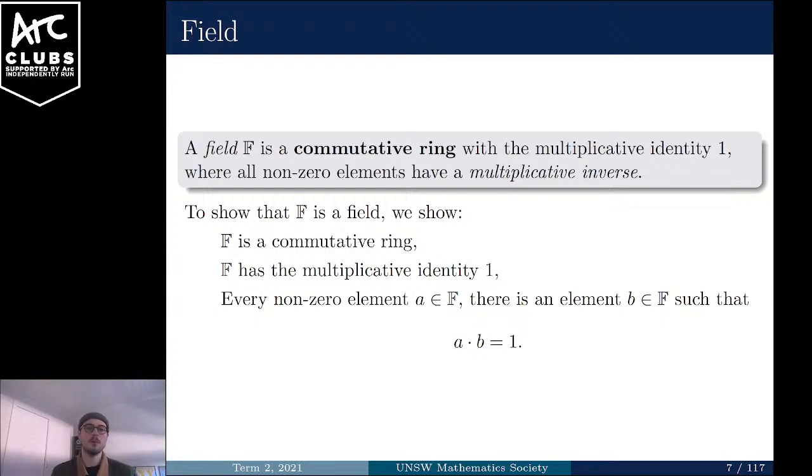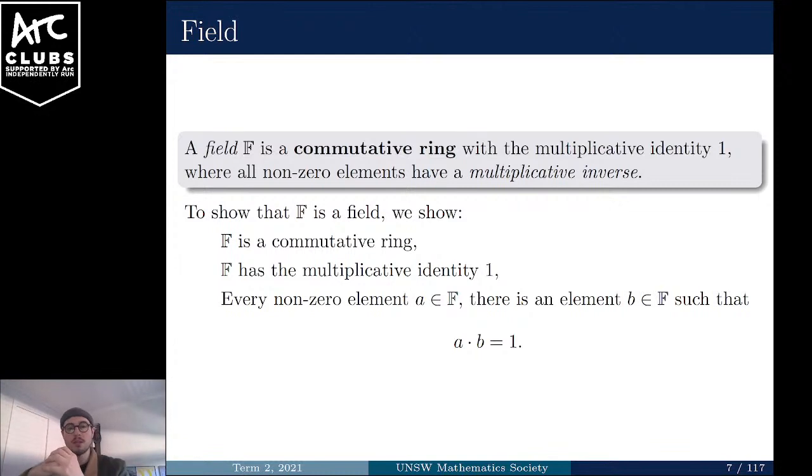So let's push forward. We've got a definition of a field. This is another quick definition we need to touch on. A field is a commutative ring with multiplicative identity 1, where all non-zero elements have a multiplicative inverse. So we've got this idea of a commutative ring, and then what we're saying is if you add a multiplicative identity, because we had the additive identity, and then you say if all of the elements in this set have a multiplicative inverse, then you have a field.